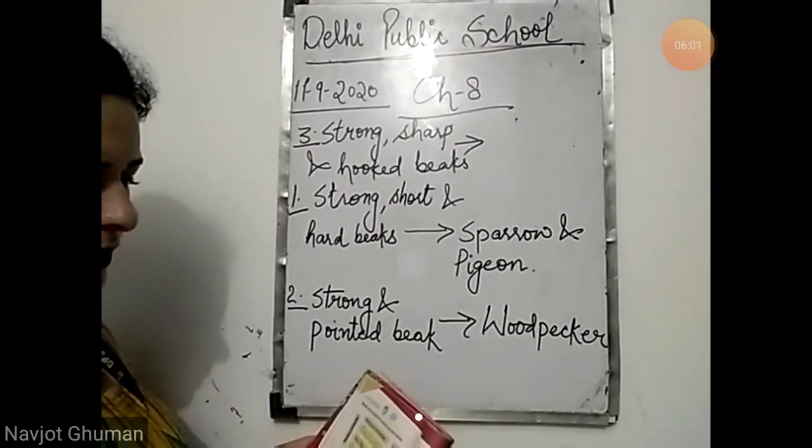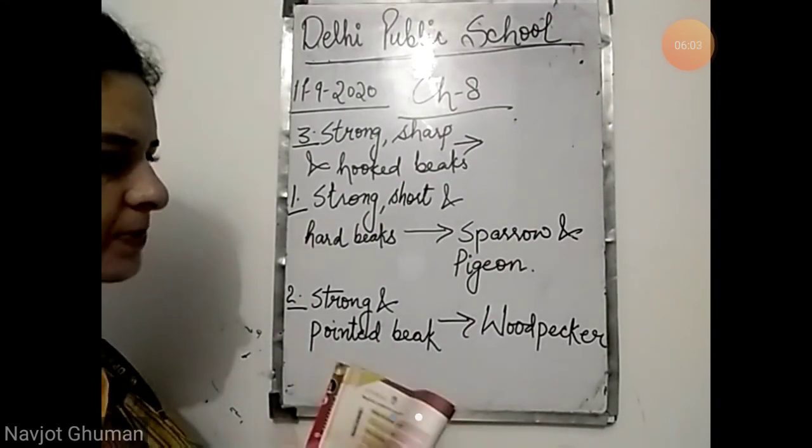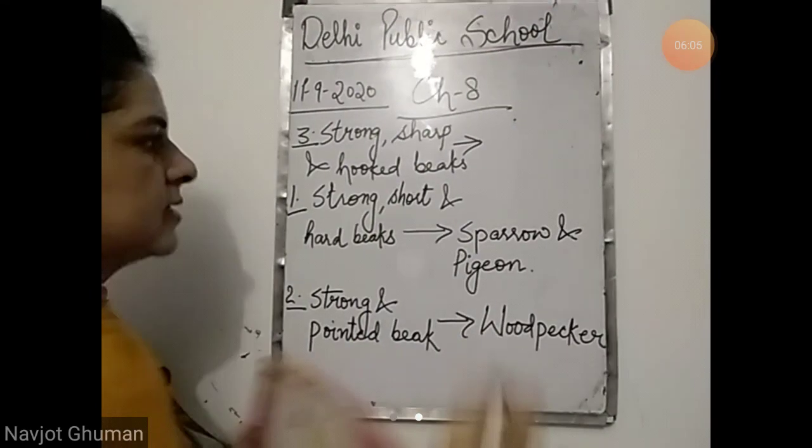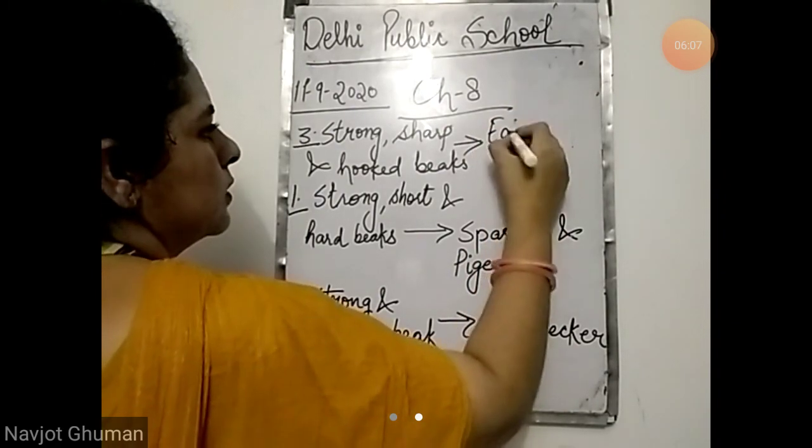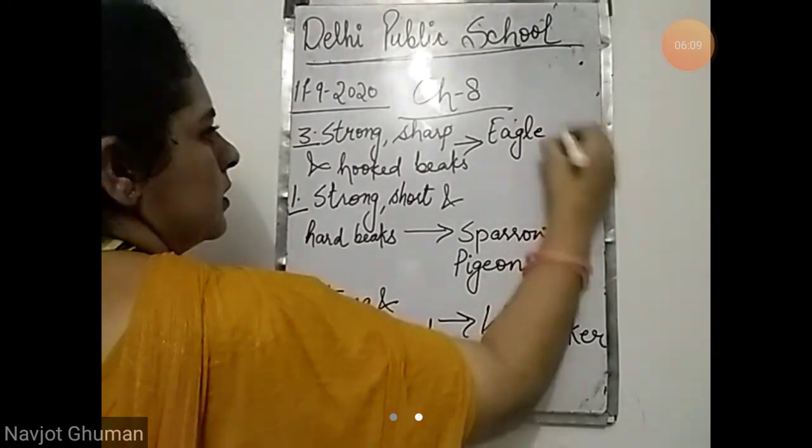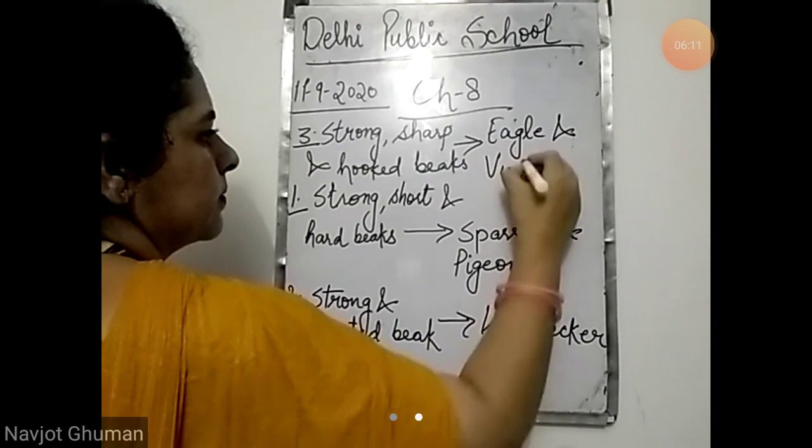And which birds have this type of beaks? That is eagle and vulture.